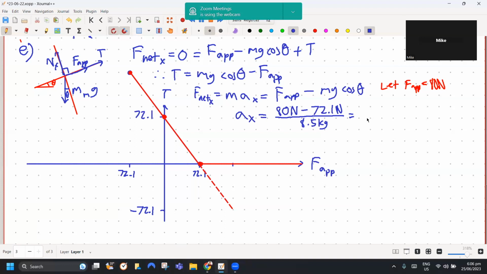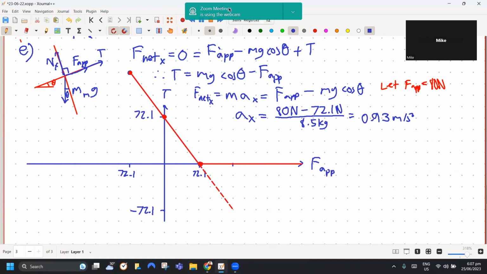So, hindi 0 ang acceleration. So, hindi mo pwedeng i-assume na kapag ang applied force ay greater than 72.1, 0 acceleration na. It's reasonable kapag less than 72.1. Pero pag lumagpas ka na dun sa critical value, yan yung magiging graph ng tension. So tension becomes 0 and the acceleration.